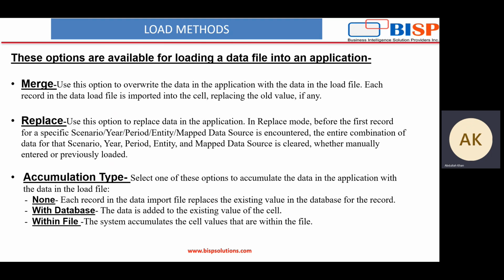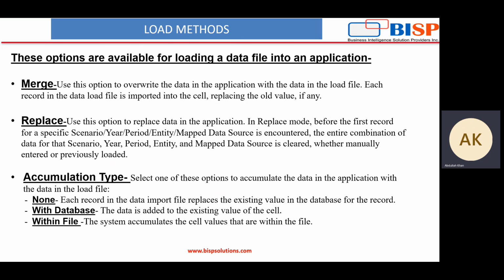Then we have the with database option, whereby if we select it with either merge or replace, the data will be added to the existing value of the cell. These accumulation types will not override the merge and replace function. The merge and replace will function as per their functionality, and the accumulation type will be in addition to the merge and replace functions.